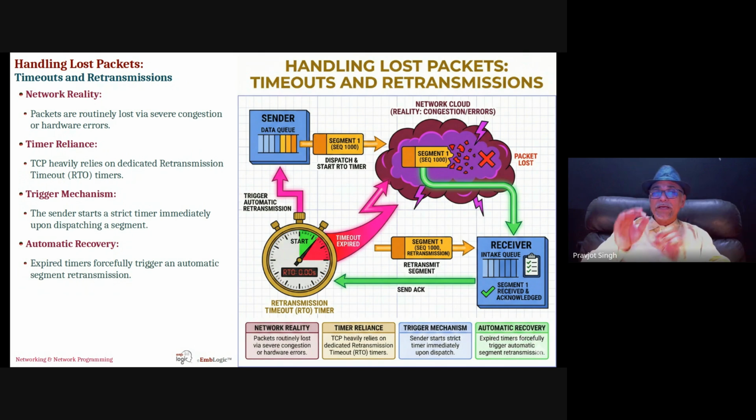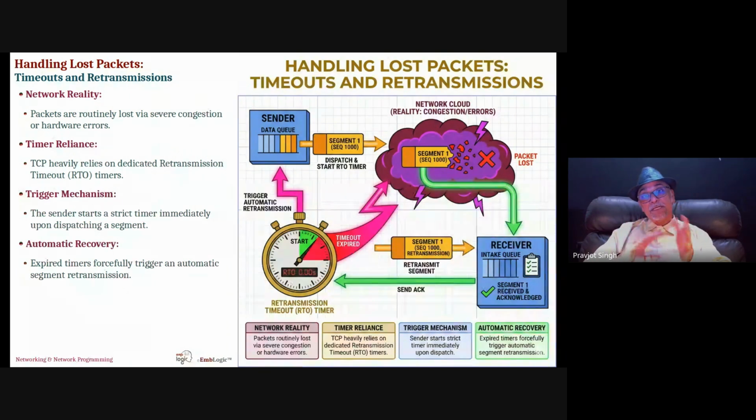TCP implements a robust transmission mechanism which is strictly governed by internal timers: timers for packet sending and receiving, and timers for acknowledgement. After sending any data segment, the sender immediately starts a dedicated countdown clock known as the retransmission timeout, RTO for short, timer.